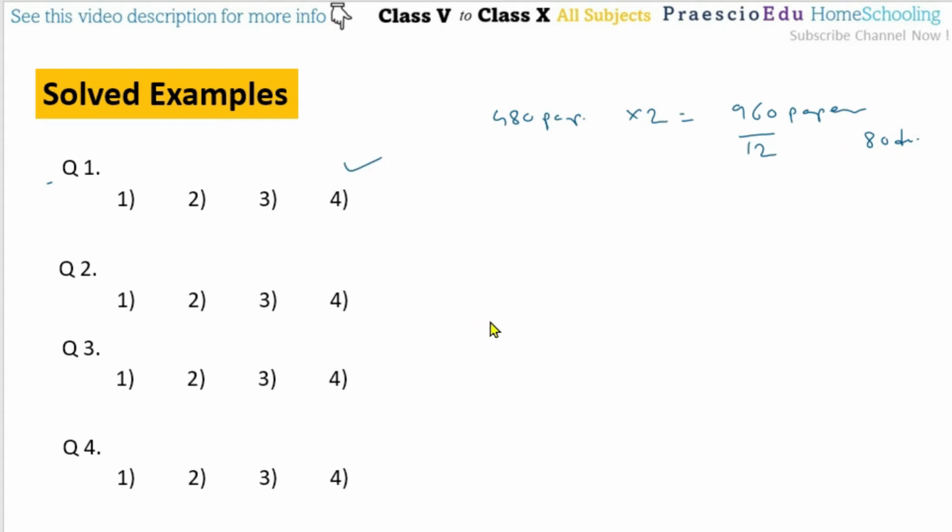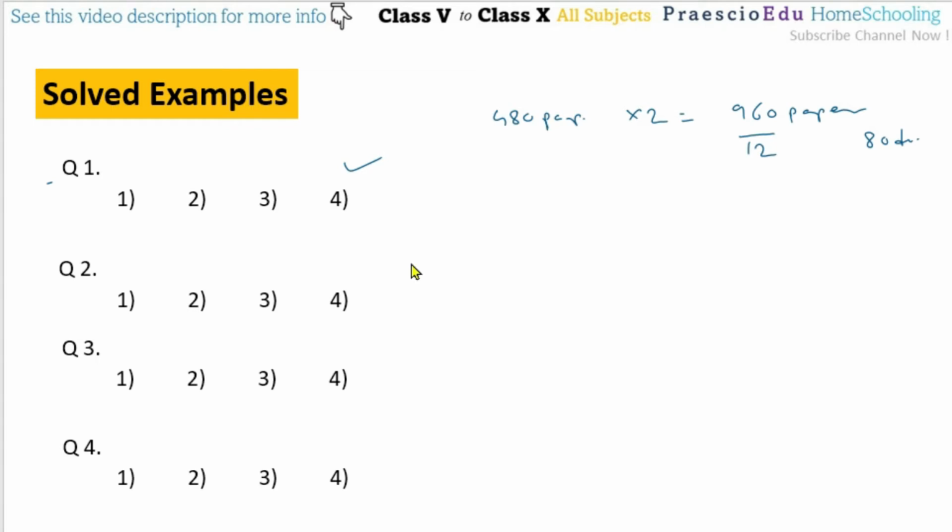Now, out of 10 quire paper, a gross of paper was used for printing. How many papers are remaining? Now, quire and gross, these two units are used. So first of all, 1 quire is equal to 24 papers. As per this, 10 quires is equal to 240 papers. Then 1 gross is equal to 144 papers, because 1 gross is equal to 12 dozen.